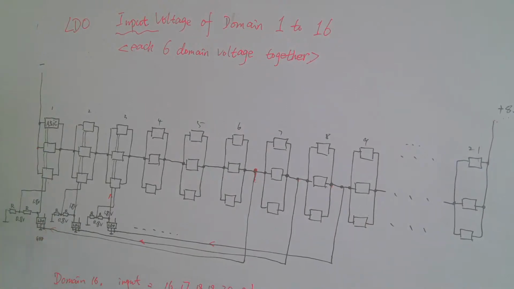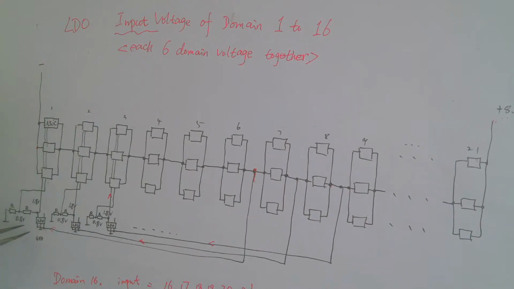Let's continue. Above we just said the three input voltages for the chips in each domain, and then let's find out where the input voltage is for the LDO.